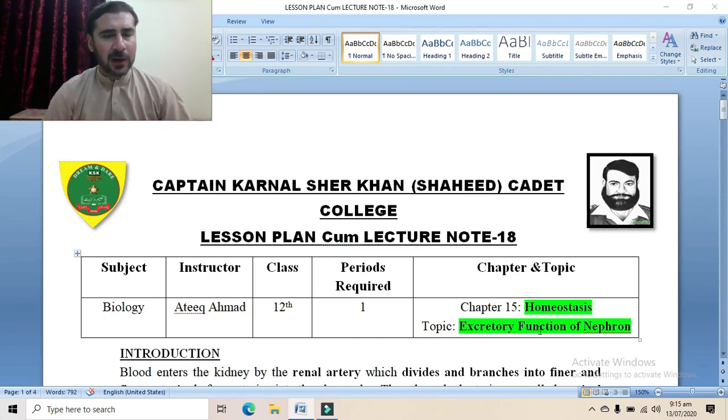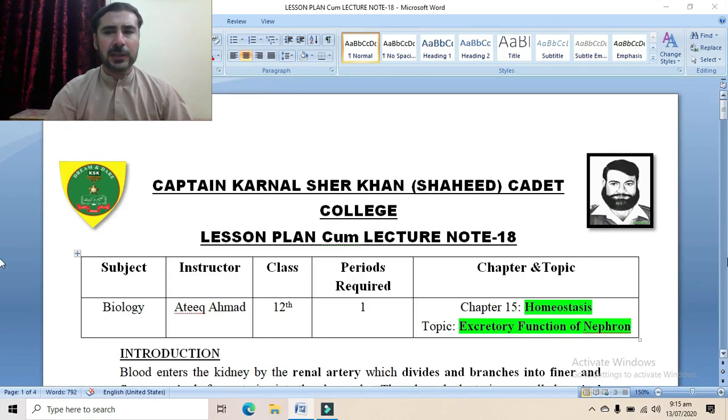In the first part, we studied how the blood is supplied to the kidney, how it is distributed inside the kidney, and then how the blood leaves the kidney. So we will have a brief overview of the previous lecture, and then we will proceed towards today's lecture, that is the urine formation.